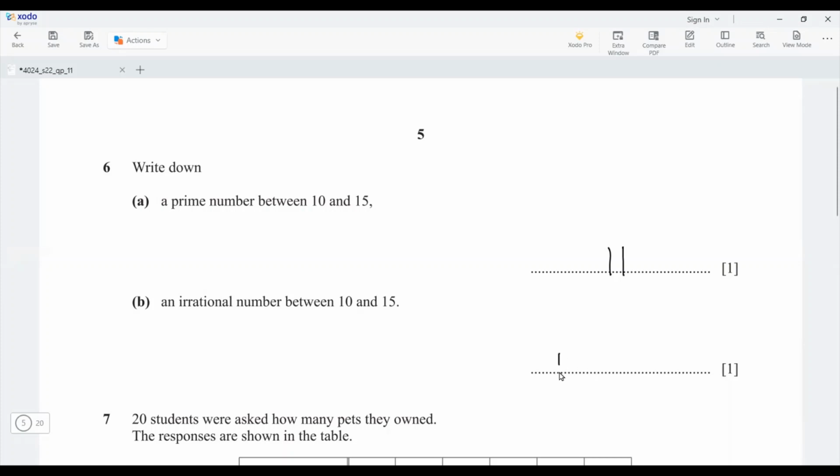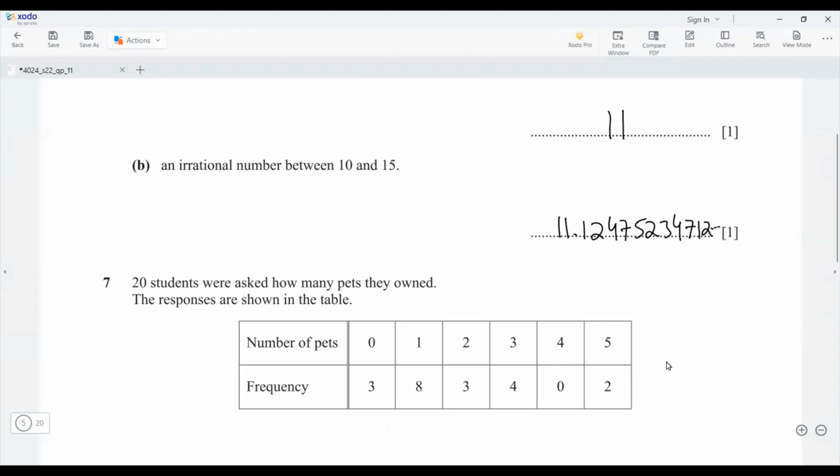Means that if I write down 11.1247712 and so on, it means 11 point a never ending number, it's not stopping at all and it's not repeating as well. So this is the answer for it.